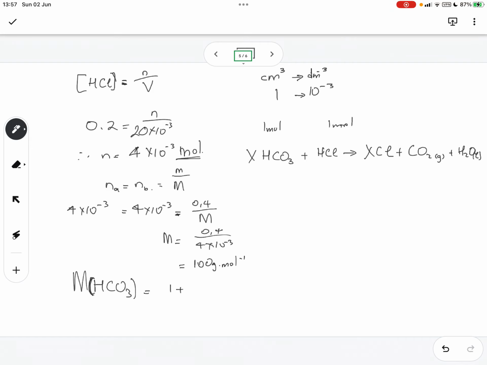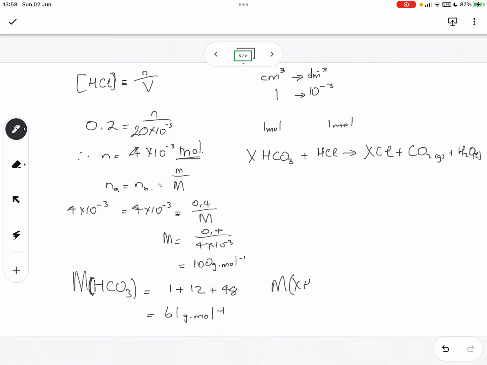On our periodic table, hydrogen is 1. Carbon is 12. And oxygen is 16, so we multiply that by 3. So it's 30 plus 18, so it's 48. And this equals 12 plus 48 is 60, plus 1, which is 61 grams per mole.